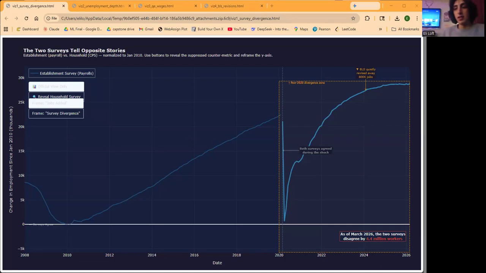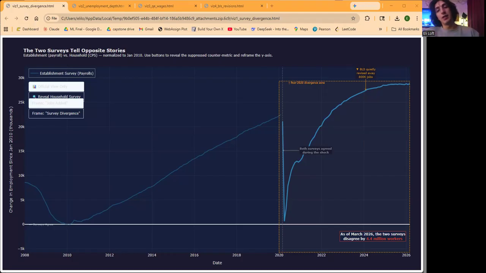Hey, my name is Eli, and I am going to be going over my data visualization project. The topic we did this over is an examination of the US labor market and the inaccuracies between BLS statistics and the arguments they make in the headlines, and that they systematically underrepresent the degree of labor market distress.